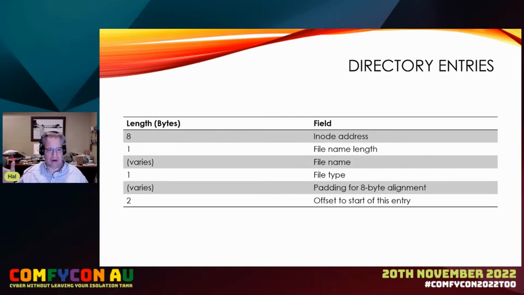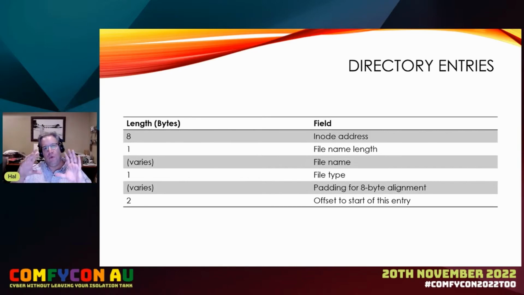Then the actual characters in the file name, followed by a 1-byte file type, which says, is it a regular file? Is it a directory? Is it a link? Whatever. And then some padding, because these directory records need to be 8-byte aligned within the directory structure. And then a 2-byte offset, which is used for traversing the directory. It's not really important right now.